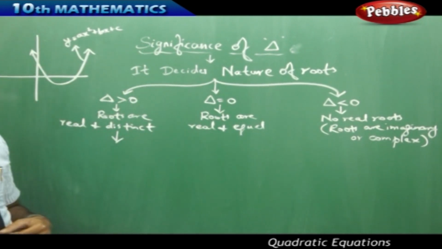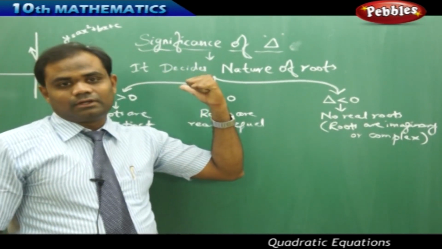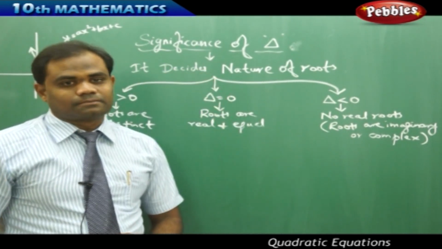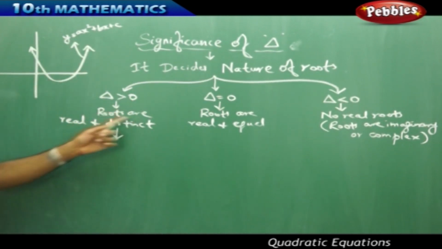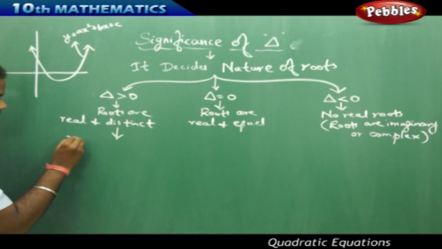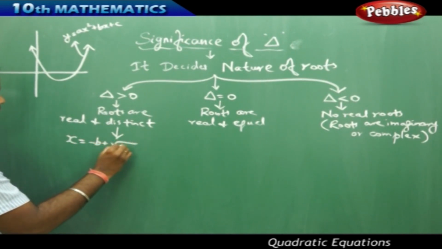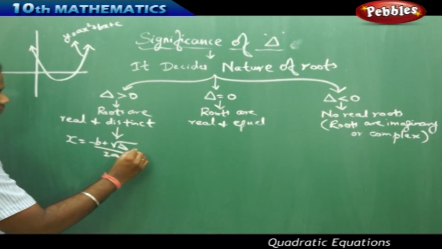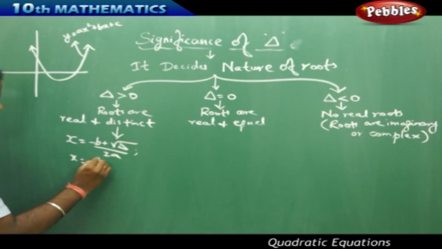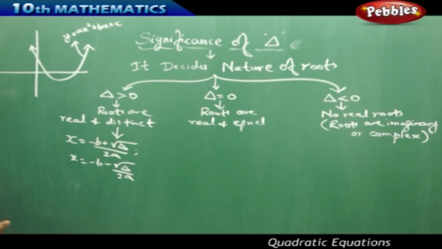Now, if we revisit that, we try to connect the nature of roots with the graphical concept of quadratic equations. When I say the roots are real and distinct, the two real and distinct roots are given by x equals minus b plus root of delta by 2a as one root, and x equals minus b minus root delta by 2a as the other root.